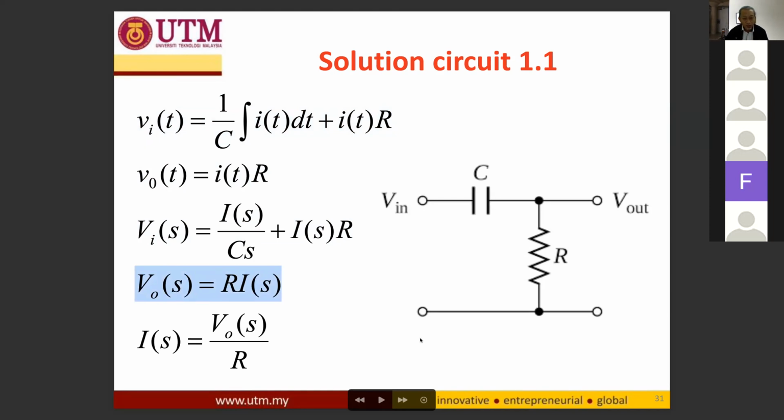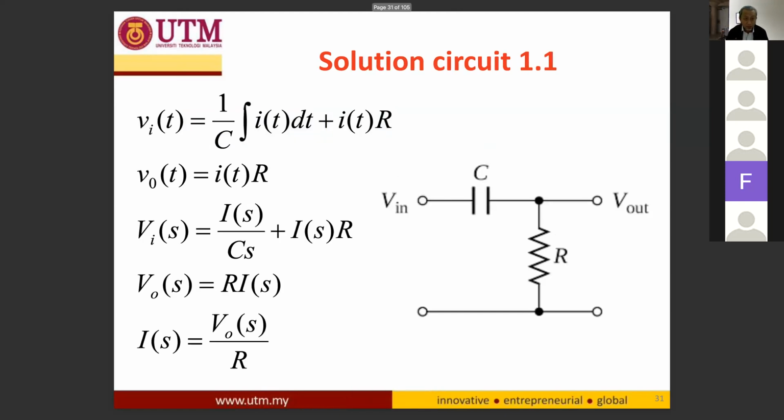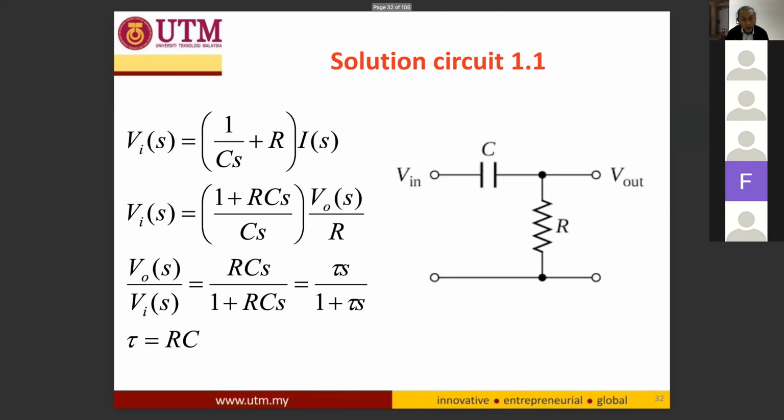Then we know that I is equal to V naught over R. Then we replace the integration of I with I over S, and we get between V in and V naught, tau S over 1 plus tau S, where tau is equal to RC, and it's known as the time constant.